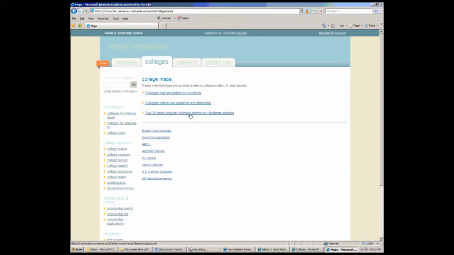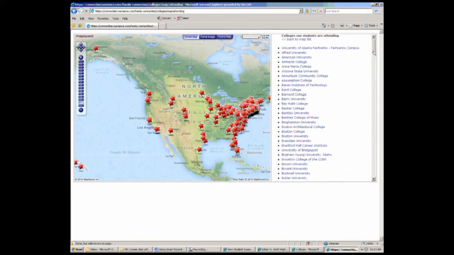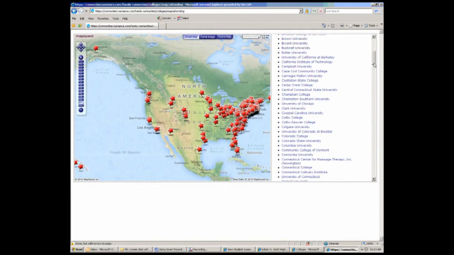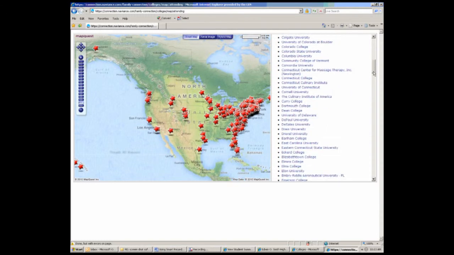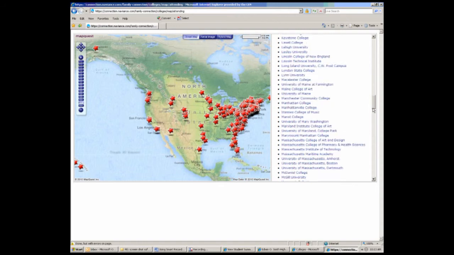Another unique feature to this Naviance program is one that provides a map, and that map is specific to our students. Colleges accept our students where they're attending. And in this case, this particular map shows where students have matriculated to schools throughout the country dating back to 2004.